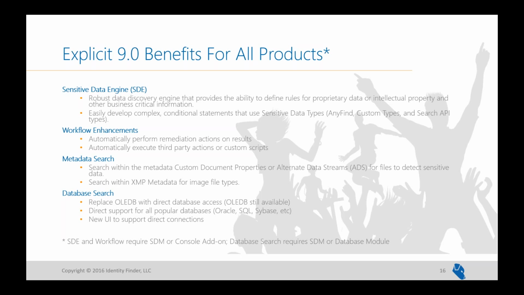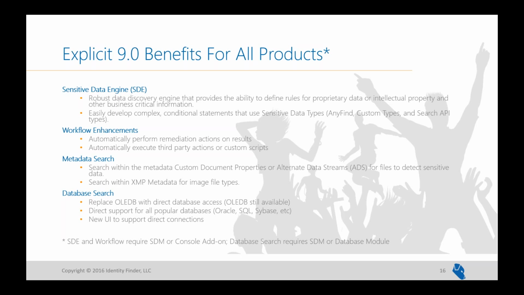Those enhancements to workflows automatically perform remediation actions on results and automatically execute third-party actions or any custom script. Really powerful, extending your overall remediation activities and capabilities throughout the solution.